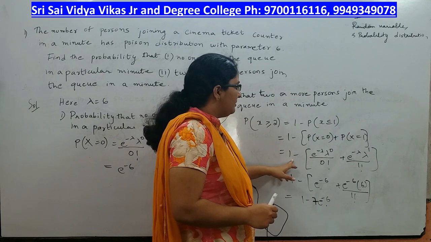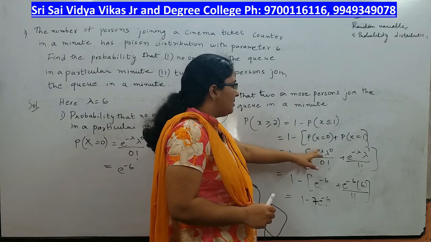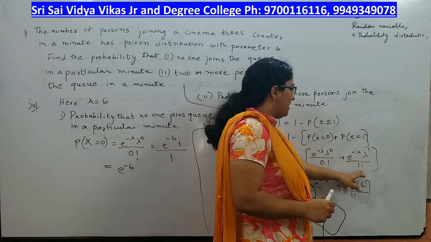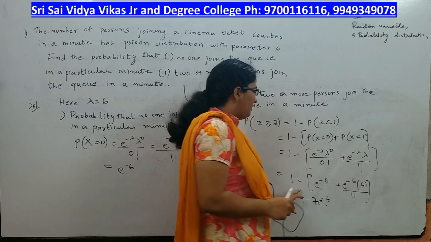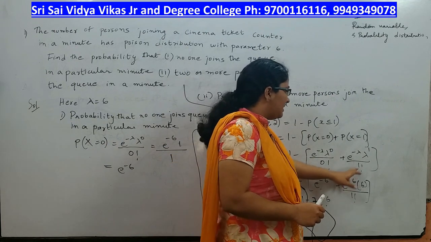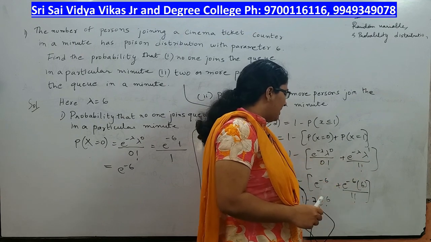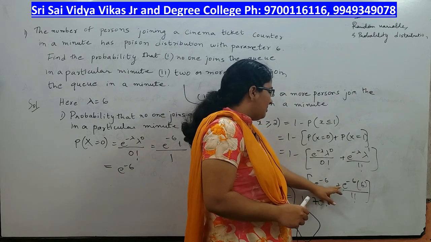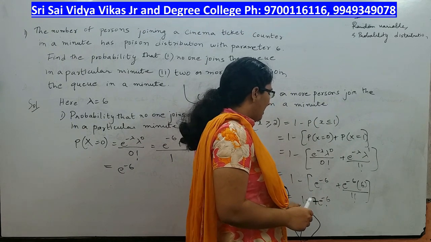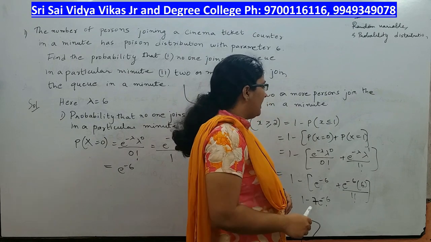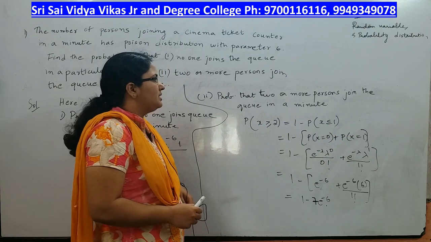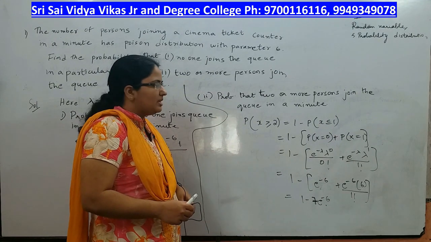That is 1 minus [e^(-lambda) lambda^0 by 0 factorial plus e^(-lambda) lambda^1 by 1 factorial], which is 1 minus [e^(-6) plus 6e^(-6)], that is 7e^(-6). So you have 1 minus 7e^(-6). That is the probability that 2 or more persons join a queue in a minute. That's about this problem.